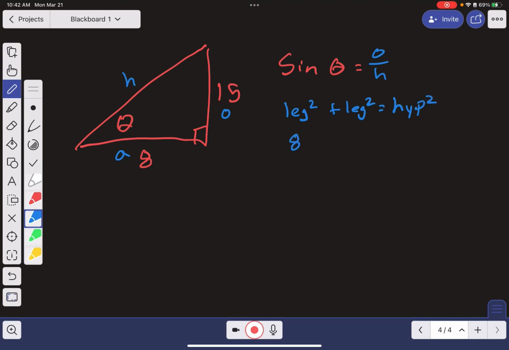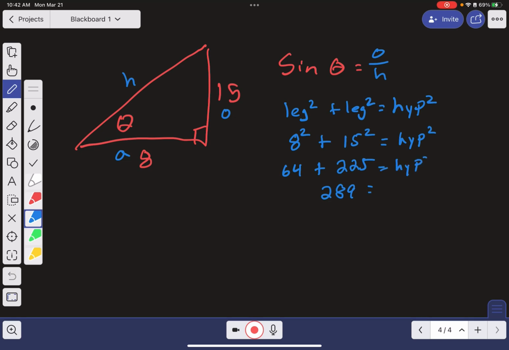So one of my legs is 8. My other leg is 15. So 8 squared plus 15 squared is going to equal my hypotenuse squared. 8 squared is 64. 15 squared is 225. Add those together, you get 289.